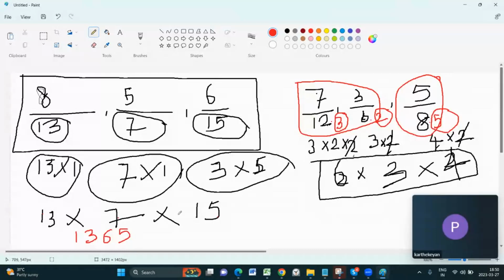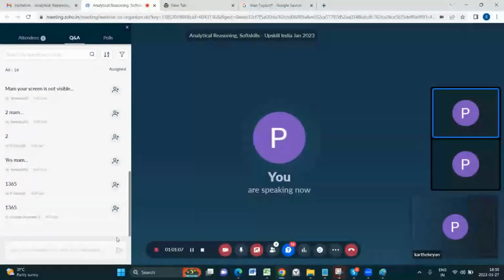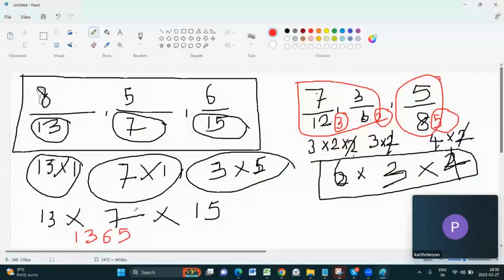How many times will 13 go into this? If you divide 1365 by 13, what will be the answer? 105. 105 is nothing but 15 into 7. If you divide by 7, the number is 13 into 15.